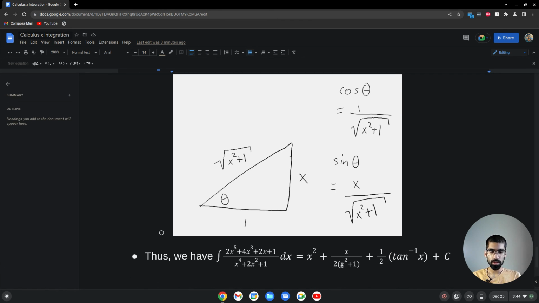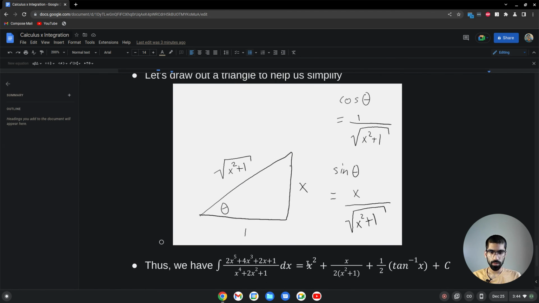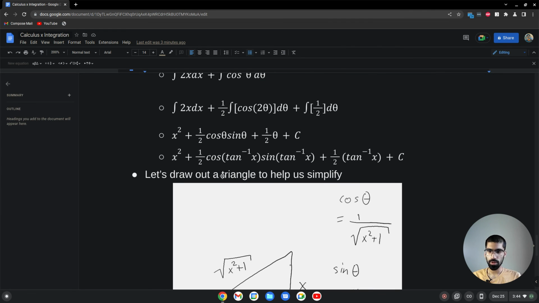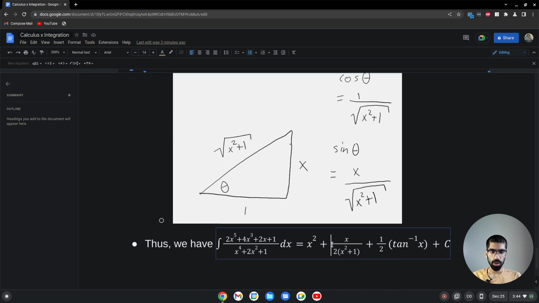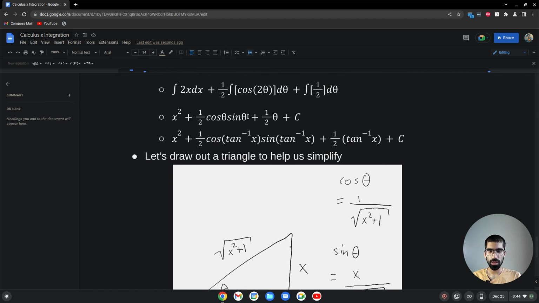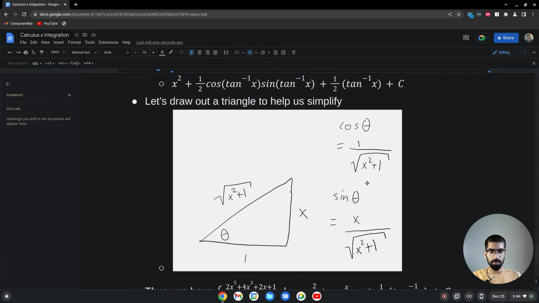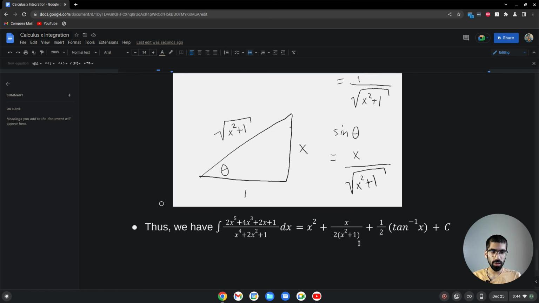And what we get is, well, we have the x squared that we did originally, right here. Then we have 1/2. I just wrote it as like, part of it's 1/2. Blended that into the fraction. Since we have cos theta and sin theta being multiplied together here, then these two square root of x squared plus 1 terms on the bottom, they multiply together so that we just have x squared plus 1.